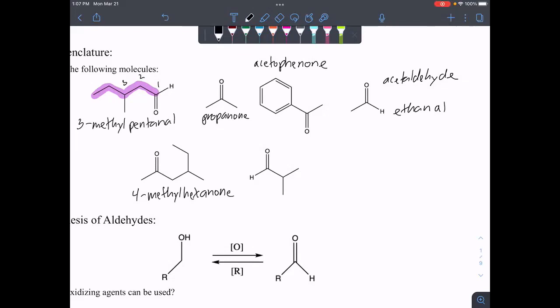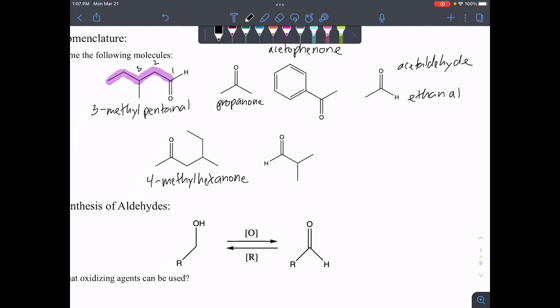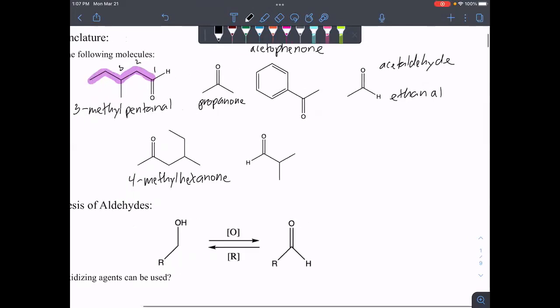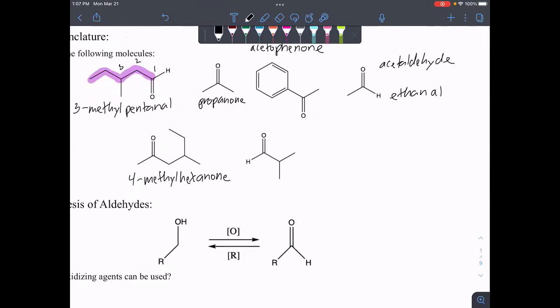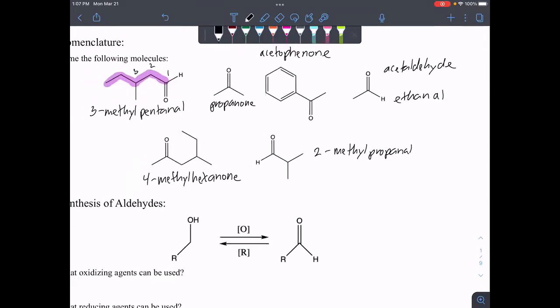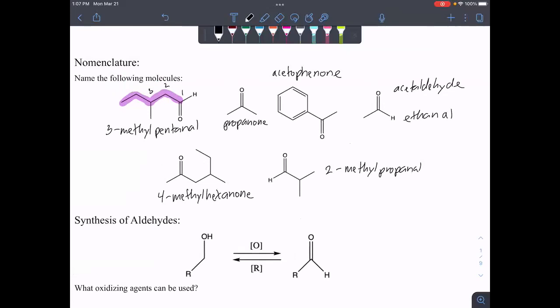And the last one, 2-methyl. Yeah, exactly. All right, so there's a few nomenclature ones in the test bank, but they're like easy 3 points basically.